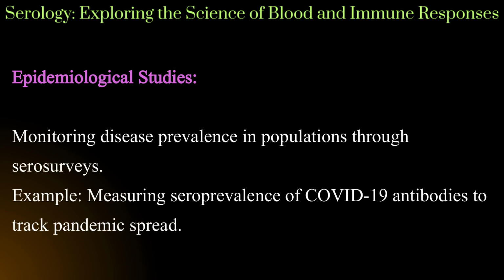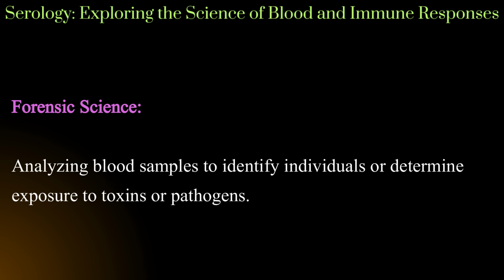Epidemiological studies: monitoring disease prevalence in populations through serosurveys. Example, measuring seroprevalence of COVID-19 antibodies to track pandemic spread. Forensic science: analyzing blood samples to identify individuals or determine exposure to toxins or pathogens.